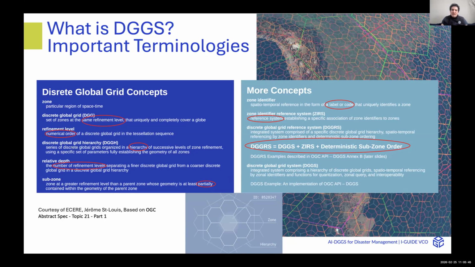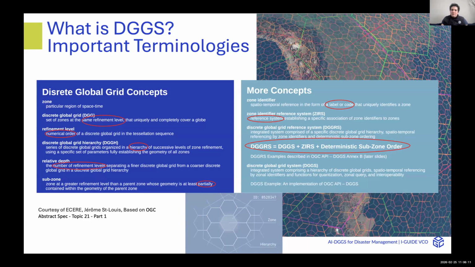The hierarchy means that it has parents that have children zones inside. For that, it has the relative depth concept, which is the number of refinement levels. So it's not infinite; it has a limitation on that part. It has the idea of subzones, meaning that each parent has a certain number of children that are either fully or partially inside of it.